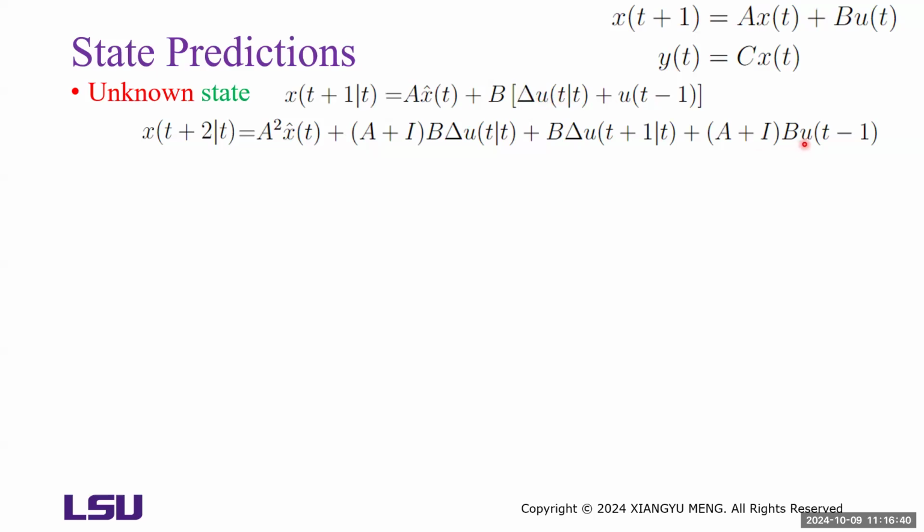You can also see from here that the coefficient of u t minus 1 will be A plus I B, the same as delta u t|t. Therefore, u t minus 1 has the same coefficient as delta u t|t.